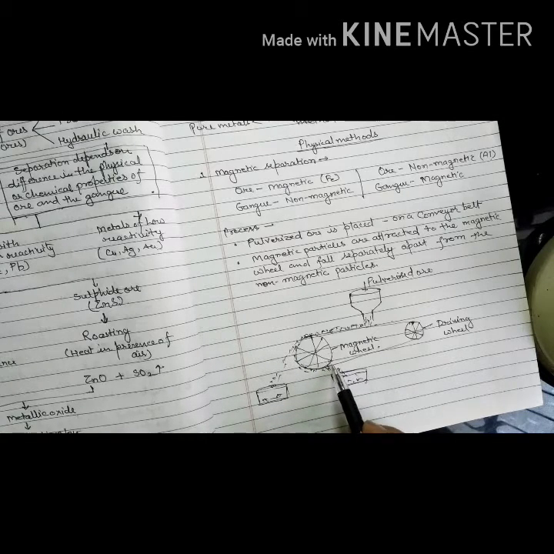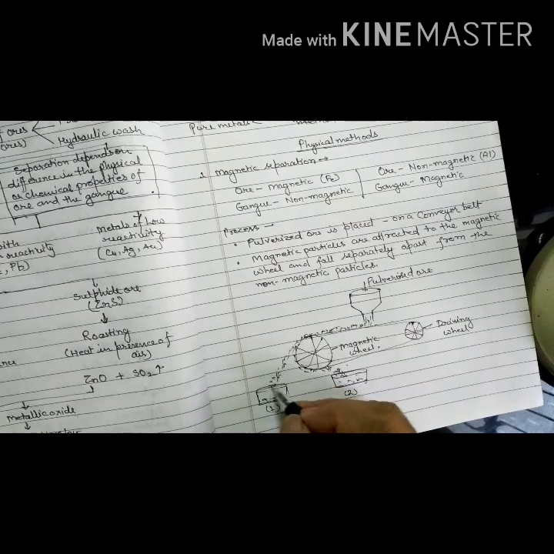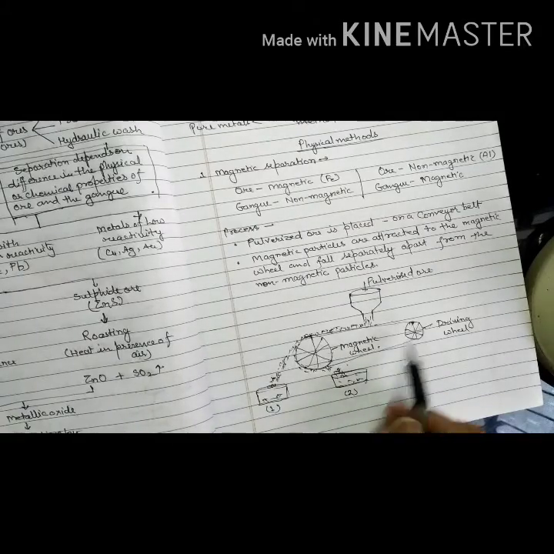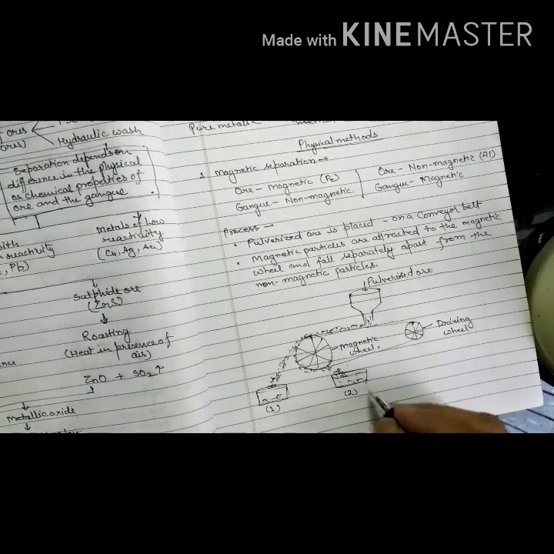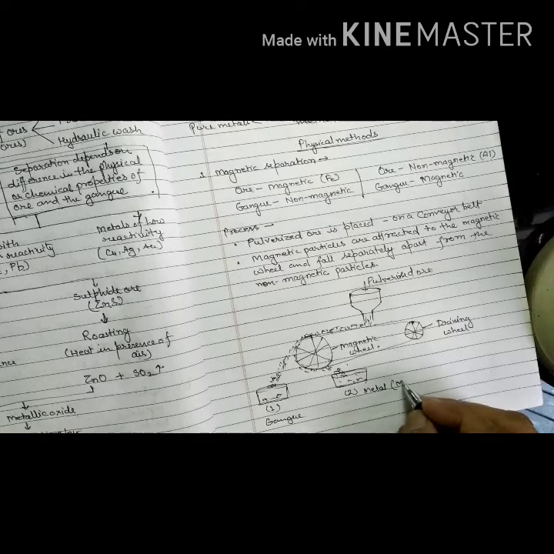They only get separated when the conveyor belt separates from the wheel. So they will fall in the second dustbin, and in the first all impurities will be thrown out. So in this way we can separate the metal and gangue. Metal should be magnetic.